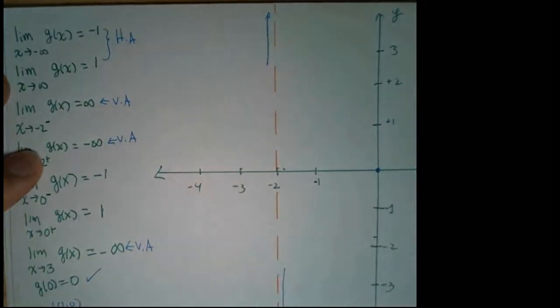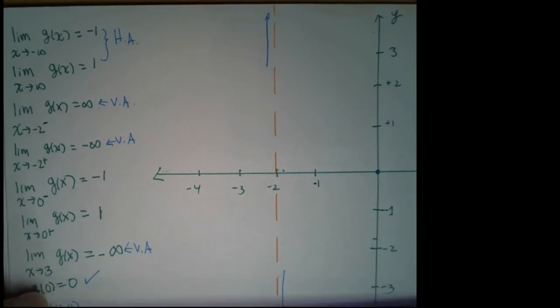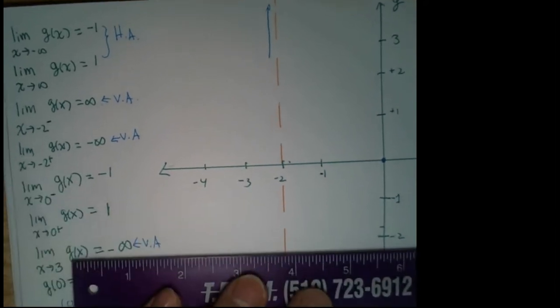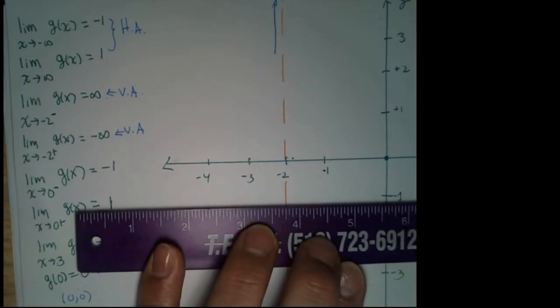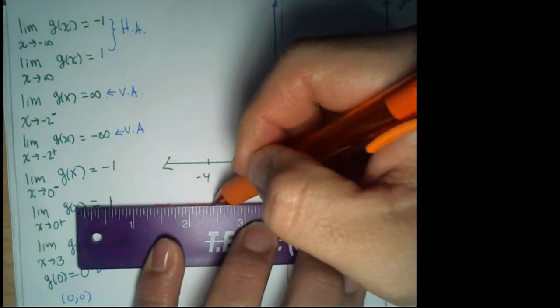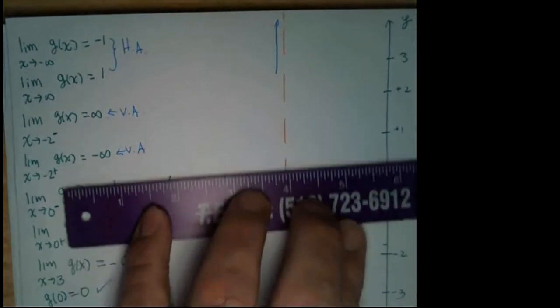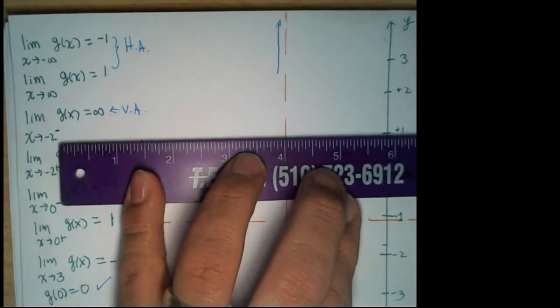When we have an infinite limit, those are vertical asymptotes; limits at infinity with a finite value are horizontal asymptotes. So let me draw those in. We have one at negative 1 and one at 1. And we're okay to cross the horizontal asymptotes. That's not a big deal.